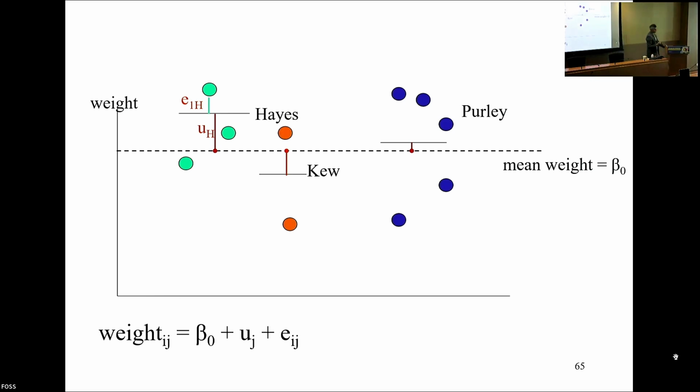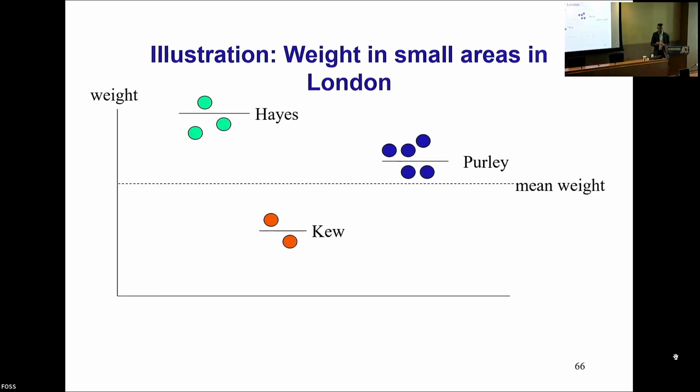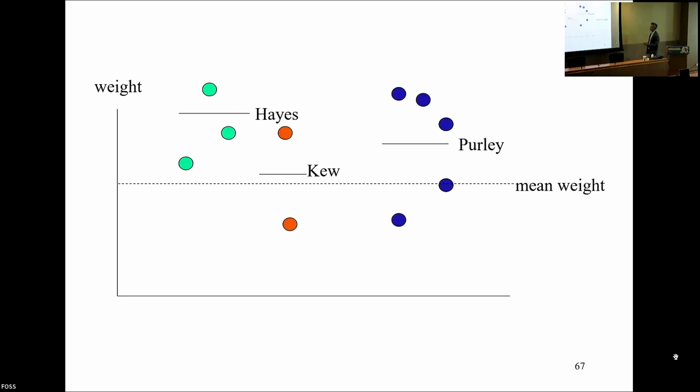So remember that visually, because that's the key to understanding multi-level models. Here's one example of the clustering of weight in different areas in London: Hayes, Kew, and Purley. And here's another example.